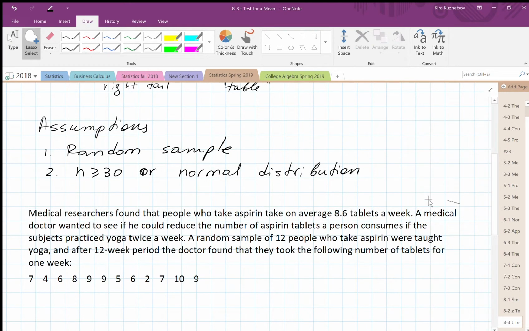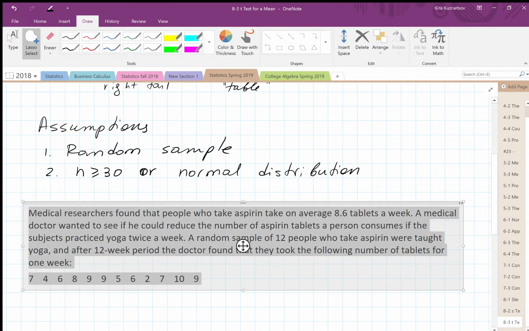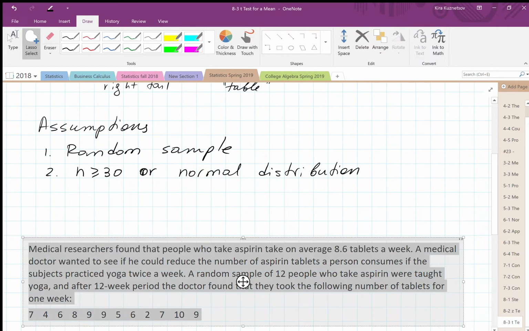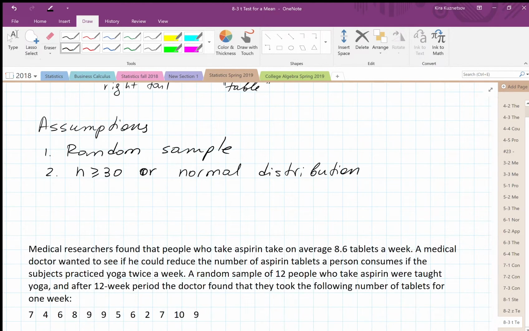And we're going to be using this test when sigma is unknown. Really, in this book, this is the only thing that distinguishes the z-test from a t-test.